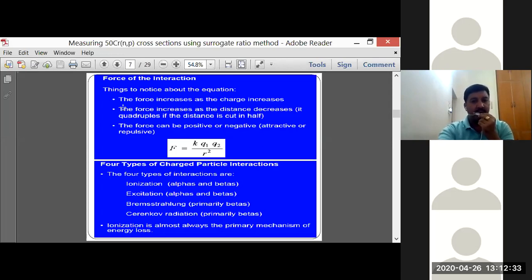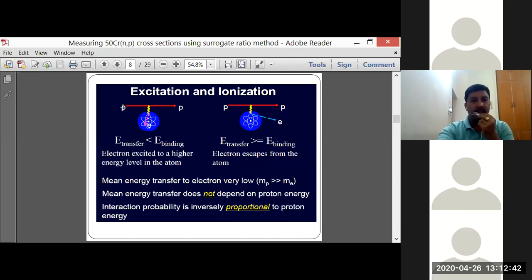I don't think there is any need for a long discussion of ionization and excitation, so I will just show you one slide. This is the simple process of excitation and ionization. But you need a certain amount of energy to excite or ionize anything.